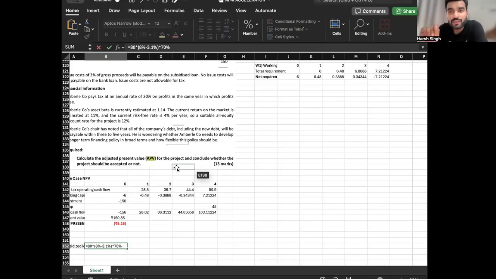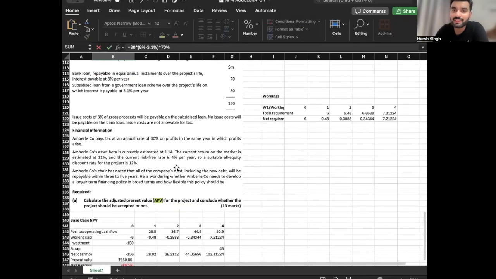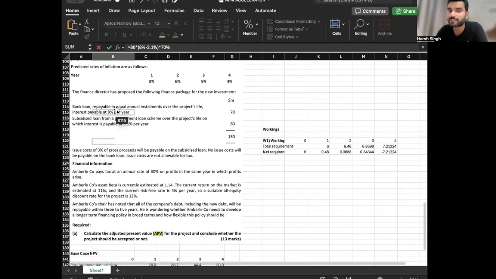Now consider one thing very important. This loan benefit will remain the same for year 1, year 2, year 3 and year 4. Don't you think so? So can we go and find out the annuity rate for 4 years? Now you may ask, sir, what interest rate? Always take the interest rate of the normal loan, which is 8%.